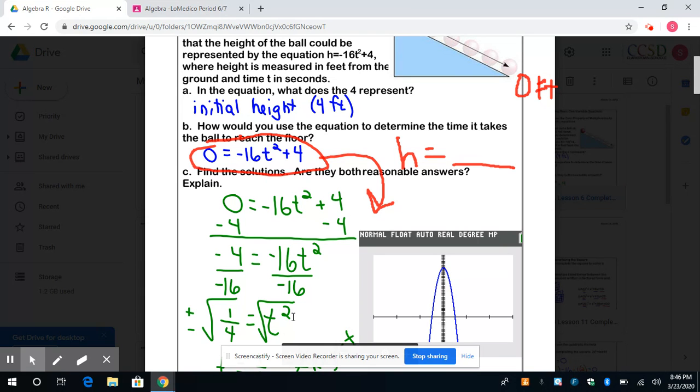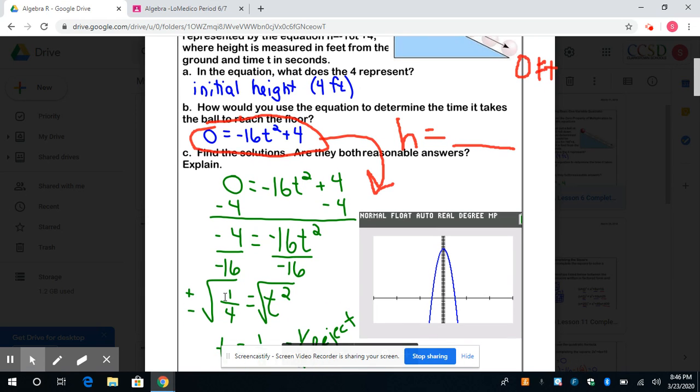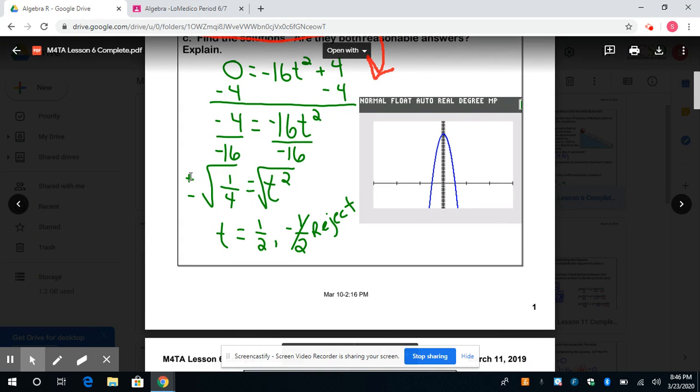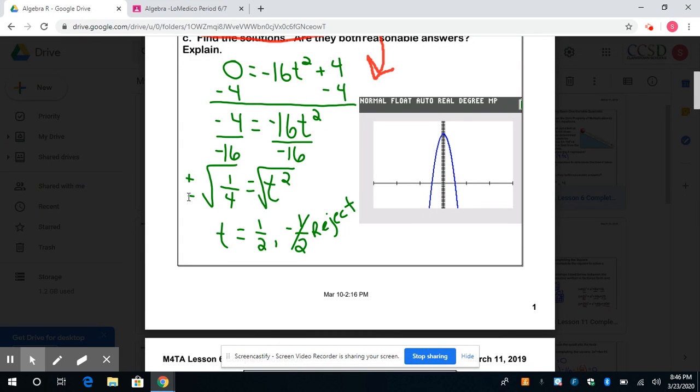How do you get t by itself? You take the square root. Now, when you take the square root, again, we've talked about this, it could be positive or negative, right? The square root of 25 is 5, because 5 squared is 25, but negative 5 squared can also be 25. So these values can be positive or negative. But why do you think we reject the negative 1/2 as time?